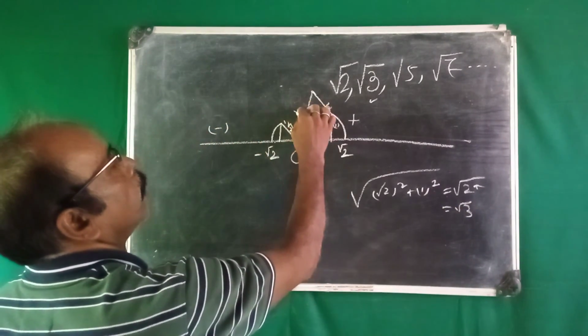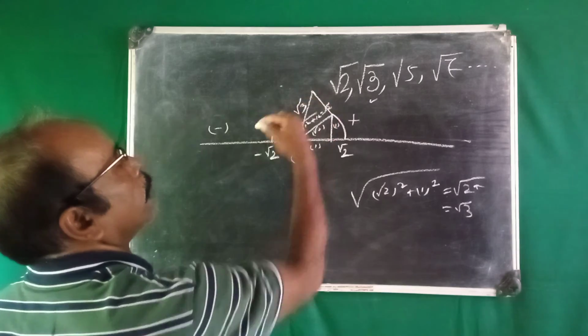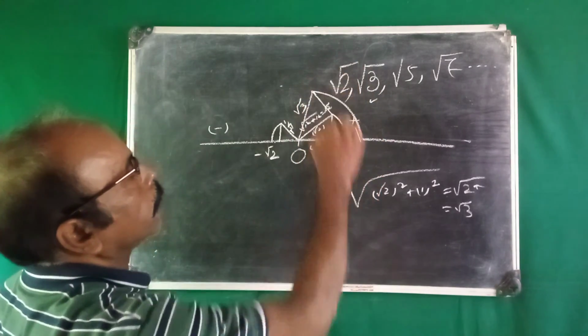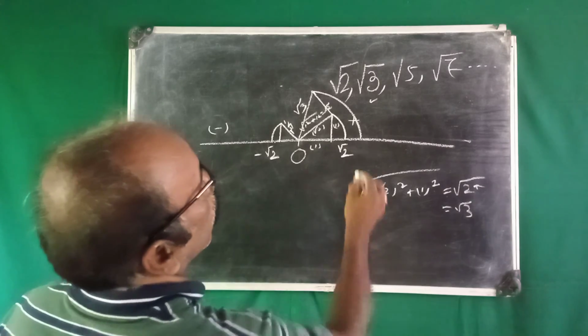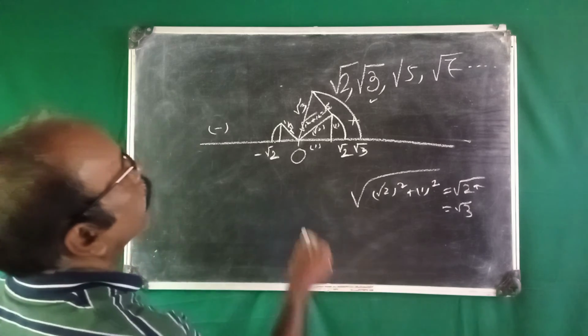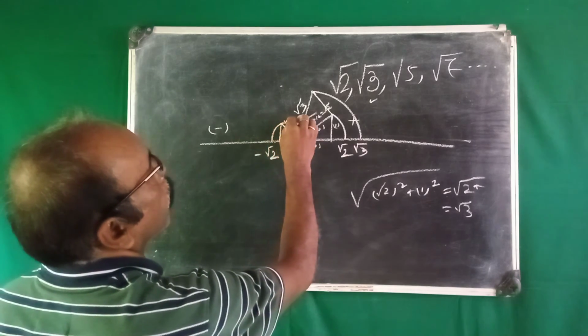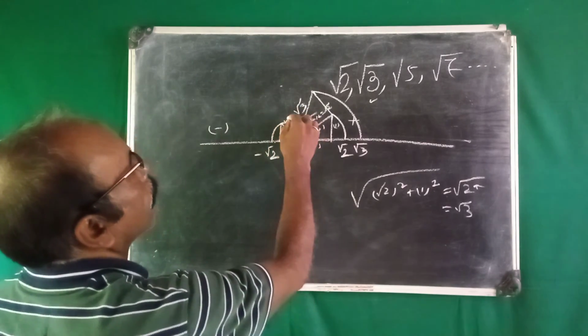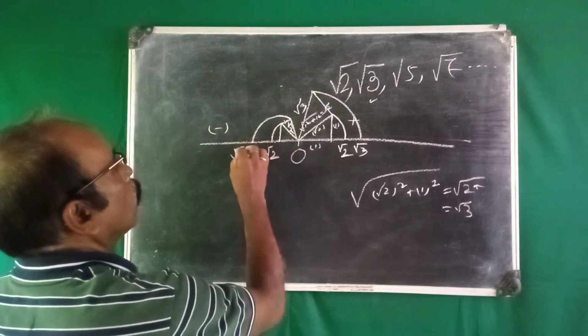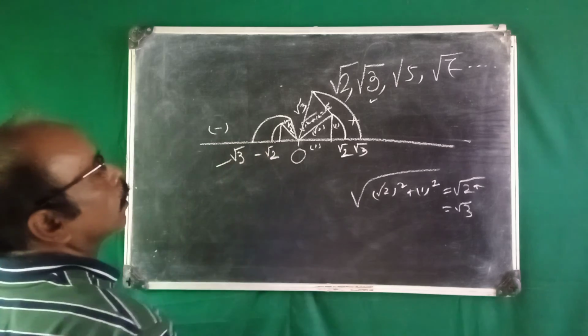Now, my dear student, this will be root 3. So this curved line pointing on the straight line is called root 3. This is the position. Similarly, we take a perpendicular of 1 unit and connect it. This will be the negative side of root 3.